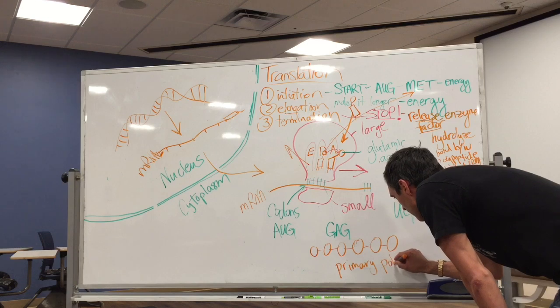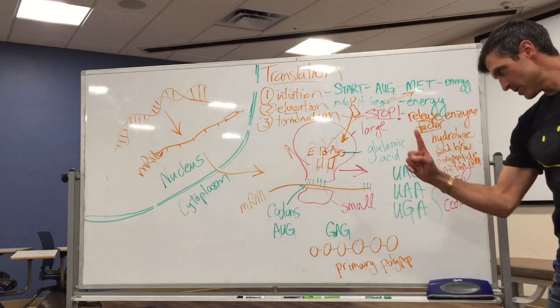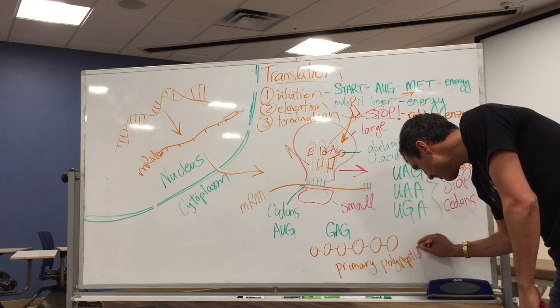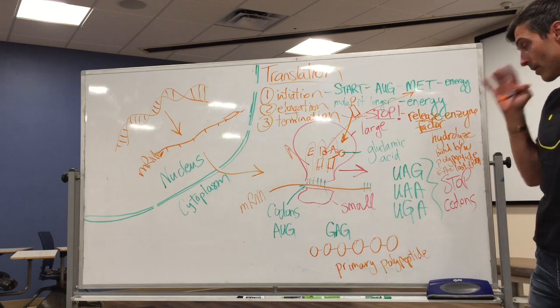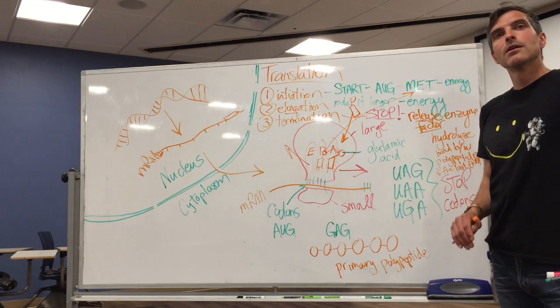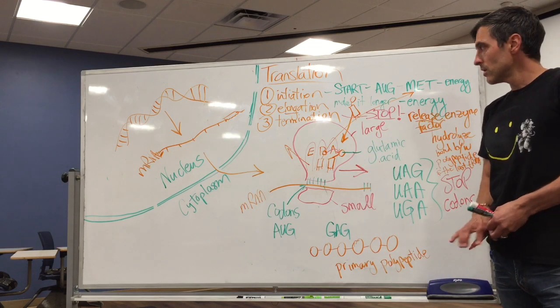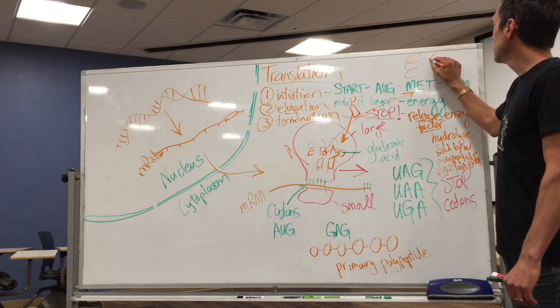There is your primary polypeptide. So what we're talking about now is protein structure. This is the first level of protein structure. Some polypeptides might be happy at this level. Most will go on to the secondary structure, which is like an alpha helix or a beta pleated sheet.